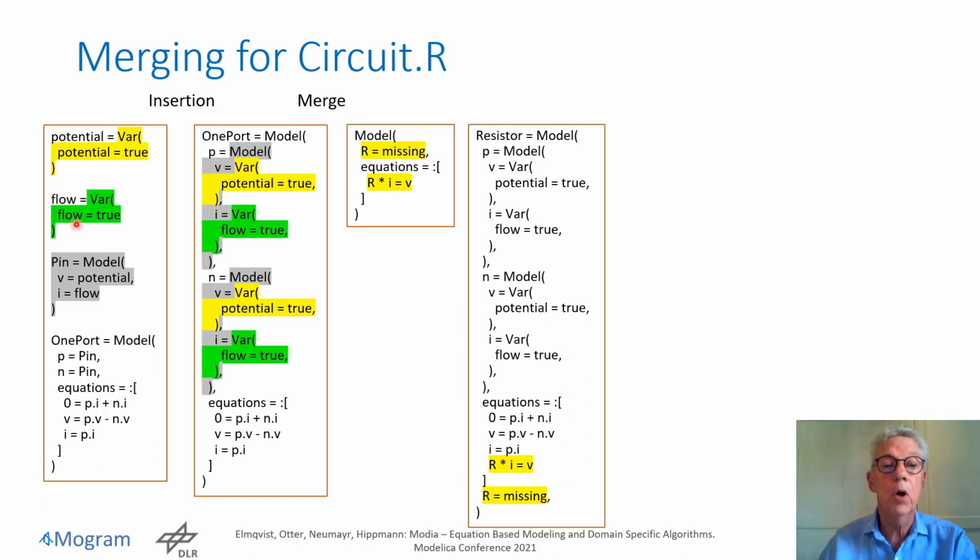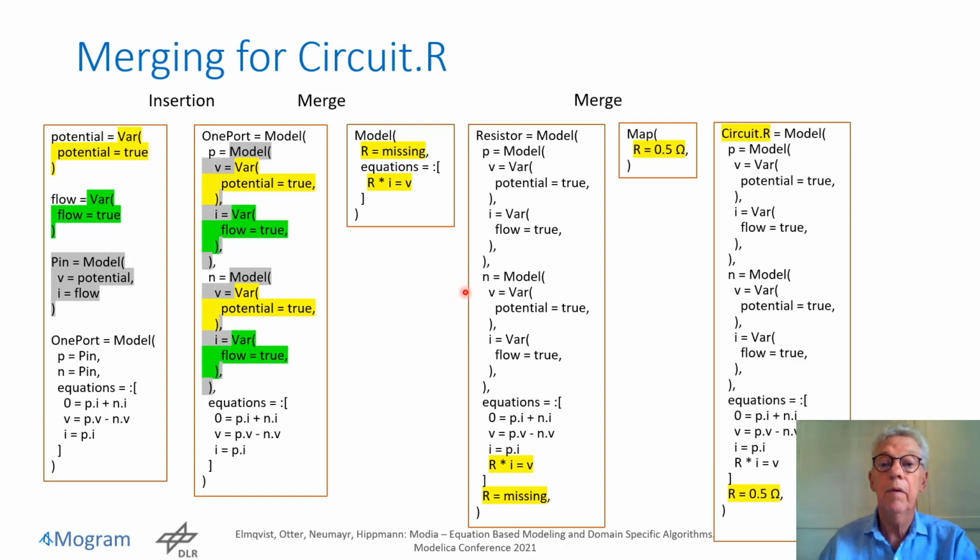This is then merged with another model consisting of just the parameter R and one equation. And these are added, and we have the resistor definition in this way. In the circuit, it's then added the parameter set with a map, which overrides the missing value of R, and we have a specific value in this way.